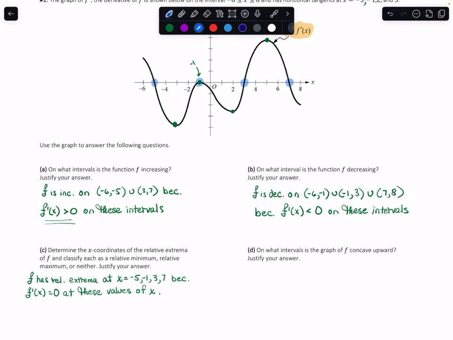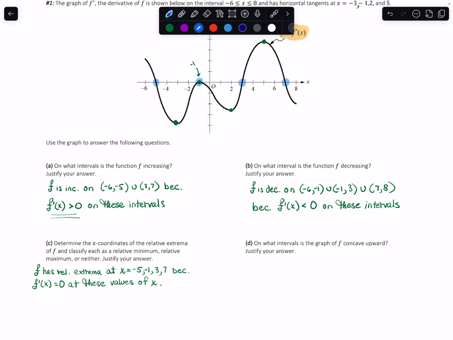One thing you can do to help you, although I would kind of call this like training wheels in a sense here, is you could create a sign diagram for f prime if you'd like, using the graph in front of you, which is not very hard, and so it's not a terrible thing to do because it's not going to take me very long.